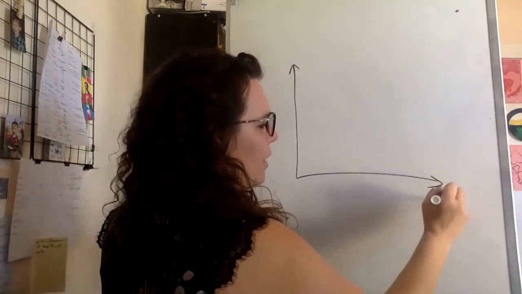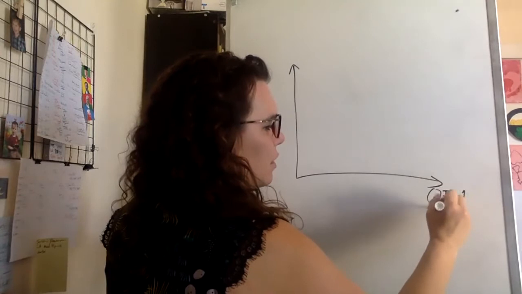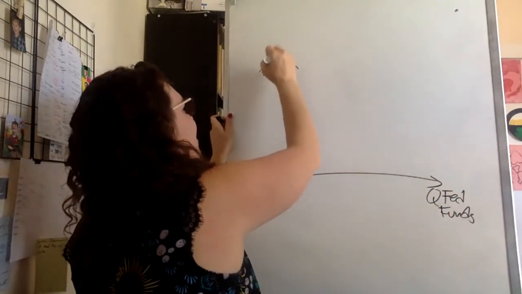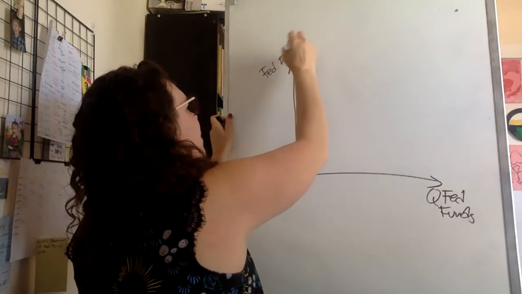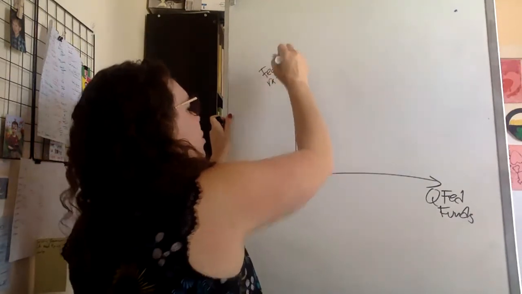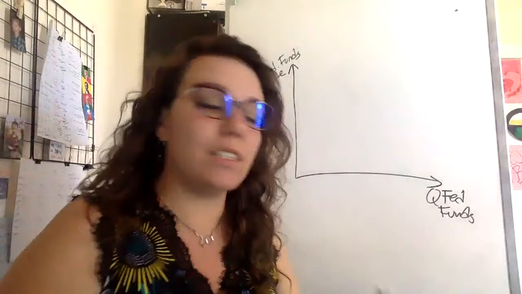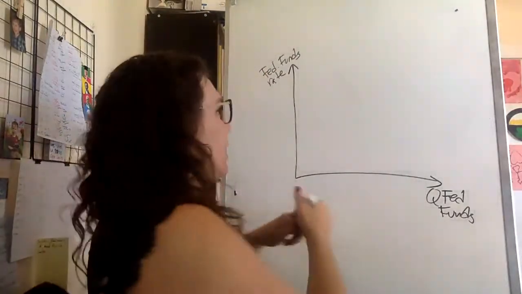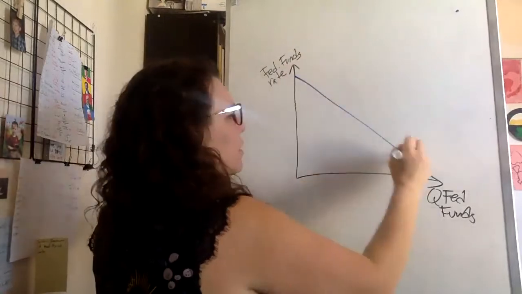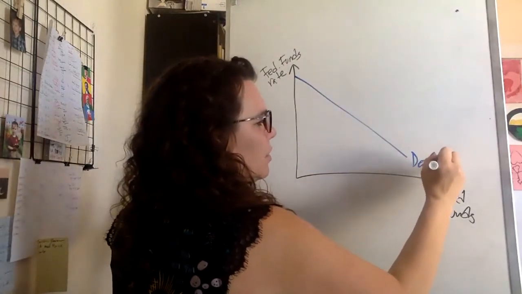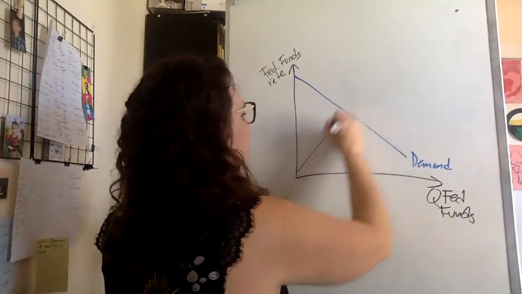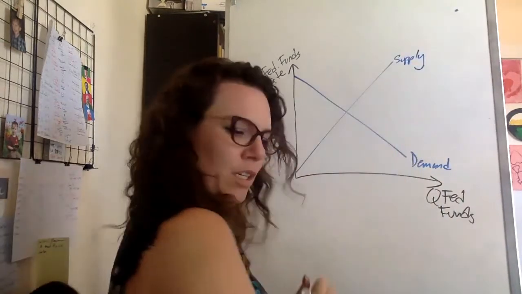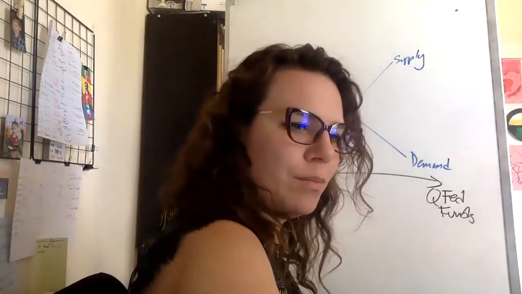We have the quantity of federal funds, and then we have the federal funds rate here. And that's an interest rate that the Federal Reserve targets when they're trying to engage in monetary policy and influence the money supply. There's going to be some demand for federal funds and some supply and some current equilibrium.